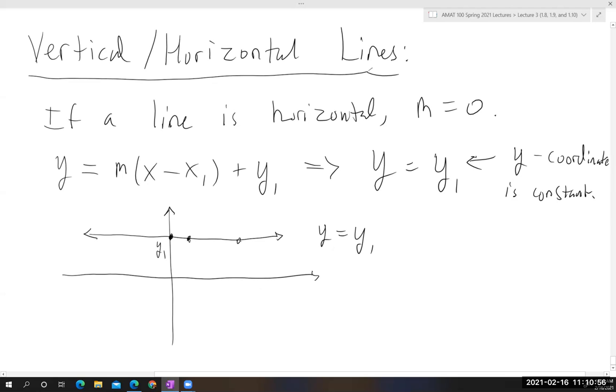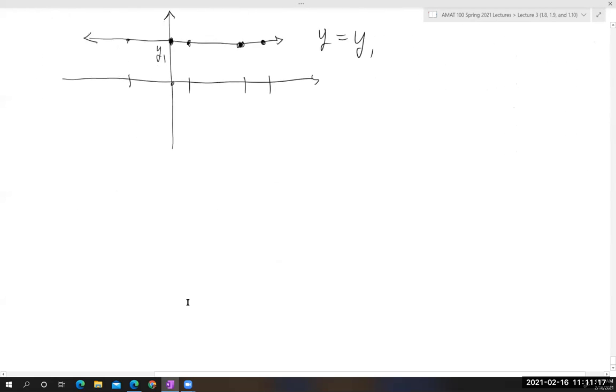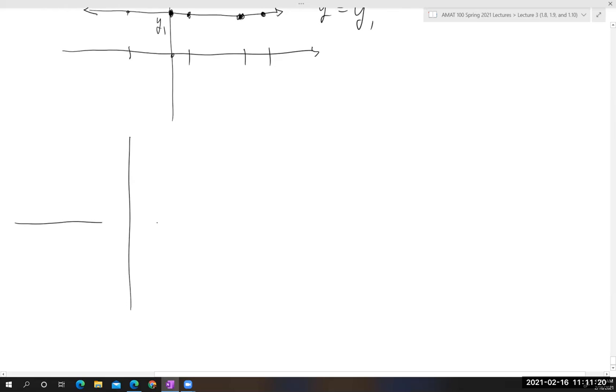If you take any other point on here, the x coordinate is changing, x coordinate here, here, and here, but the y coordinate is not. The y coordinate is always y sub 1. But what about a vertical line? Let's draw a vertical line and try to figure this out. What's the equation of this?